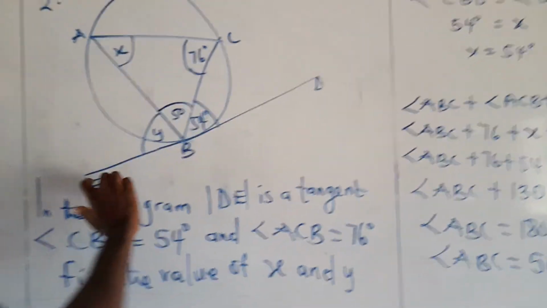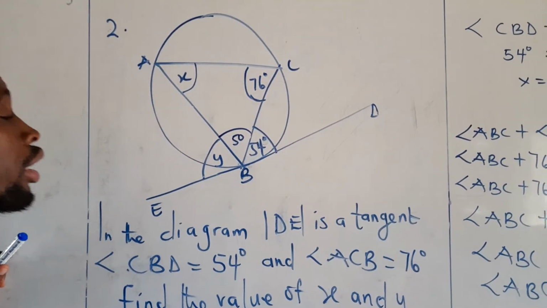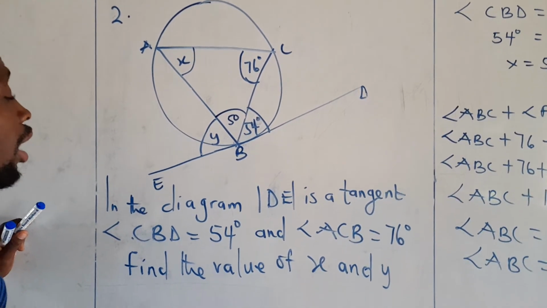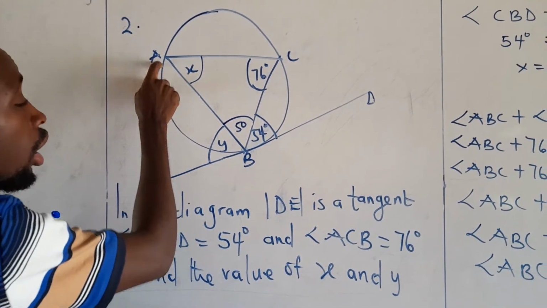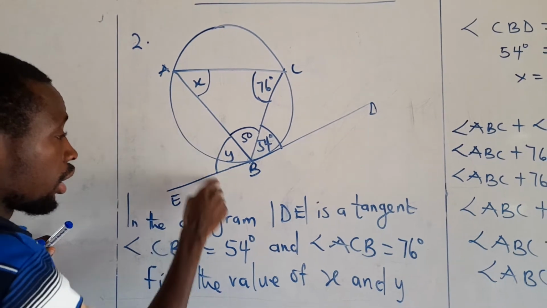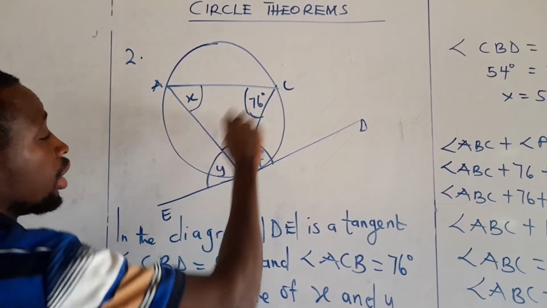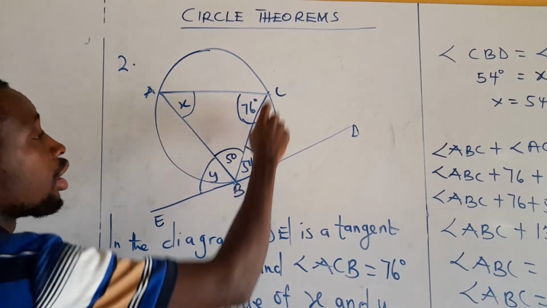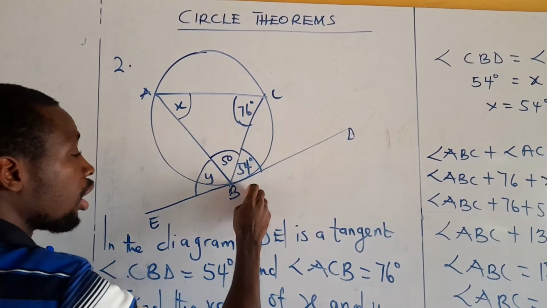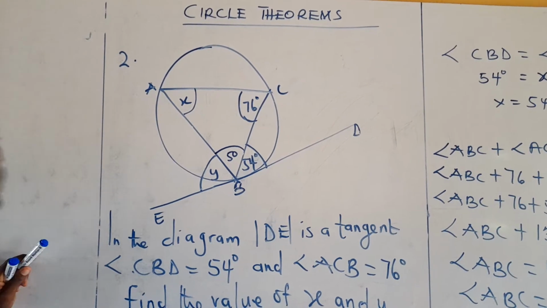And we said that angles on a straight line add up to 180 degrees. So we can say angle ABE, that's this angle, plus angle ABC, this angle, plus angle CBD, this angle, will add up to 180 degrees.